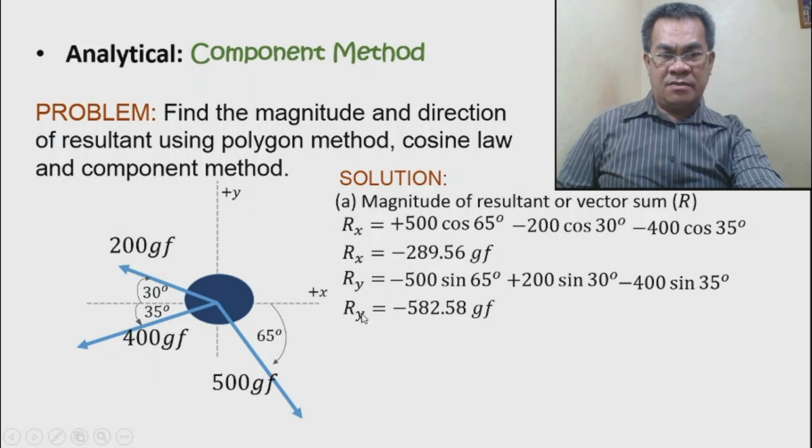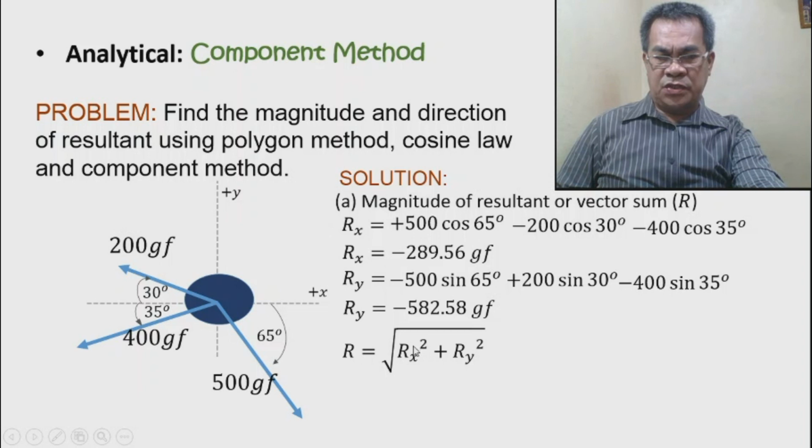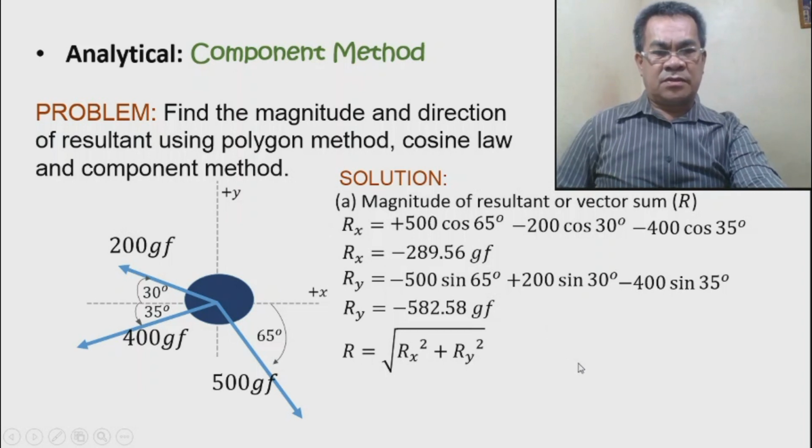Next is Rx and Ry. So R can now be calculated using the square root, as in our previous slide. Substitute the values. Do not include the negative sign, because we are now concerned with the magnitude. If you do it with the negative, don't worry, because when you square it, it becomes positive also.